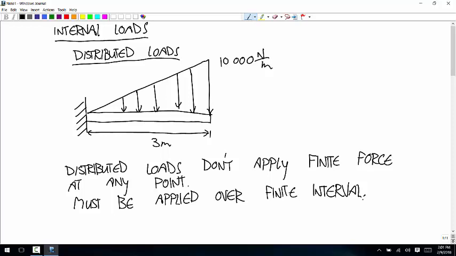There's no finite force, but if you take some small chunk of the end and multiply this distributed load by the interval, say you take a centimeter here at the end, the distributed load over that centimeter is basically 10,000 newtons per meter over the whole thing. And so the total force would be 10,000 newtons per meter times 0.01, that interval, and then that would give you a finite force.